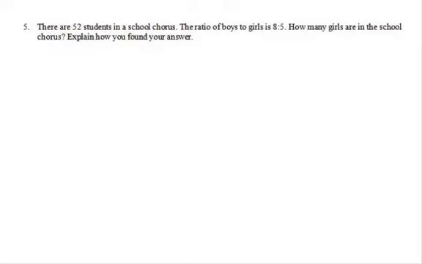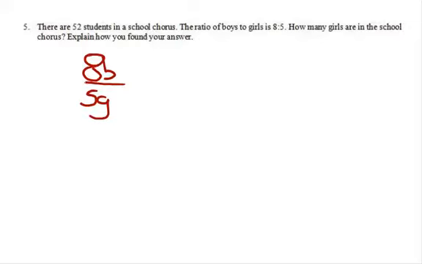Number 5. There are 52 students in a school chorus. The ratio of boys to girls is 8 boys to 5 girls. How many girls are in the school chorus? Well, this is a part-to-part ratio. The boys make up part of the whole total population. The girls make up the other part of the total population.